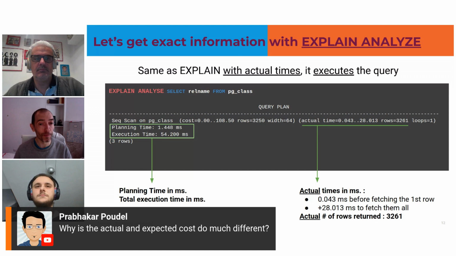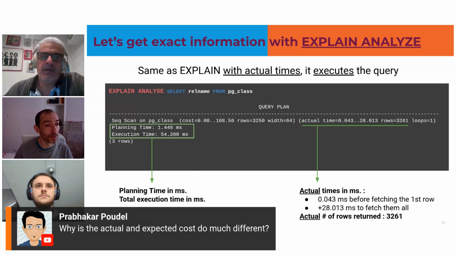It didn't know how many rows would be returned exactly, because it didn't have any stats. But by running the query, going through all the rows, the actual number of rows is determined.